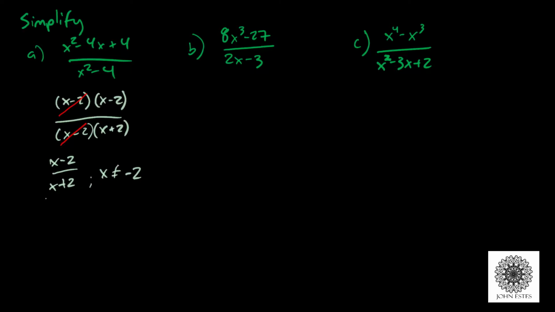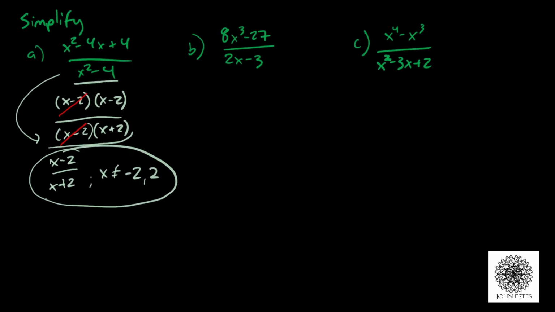But I also need to remember that at the beginning, I also couldn't be positive 2 because of the way it factored here. So when you factor it, whatever you have in the denominator, regardless of whether it cancels out or not, you still need to make that restriction that x cannot be that thing. So here's my answer: x minus 2 over x plus 2, and x is not allowed to be negative 2 or positive 2.